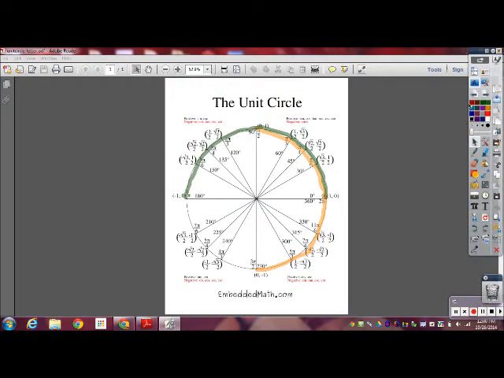And when I look at the unit circle, I'm looking for where y is -1/2, because remember sine and y are partners on the unit circle. And when I look at the unit circle, I see that y is -1/2 here and here.